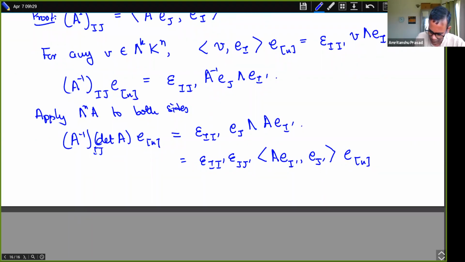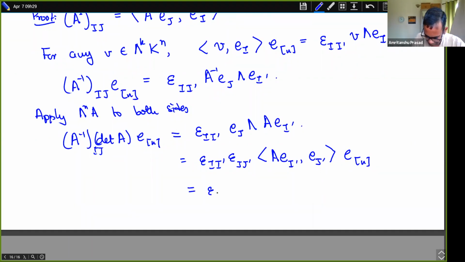And so that's just epsilon I prime, epsilon J prime, and this is what we would call A J prime I prime. And so now just comparing these two, you get that A inverse Ij determinant A is epsilon I prime, epsilon J prime, A J prime I prime.